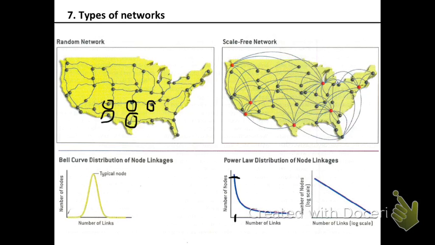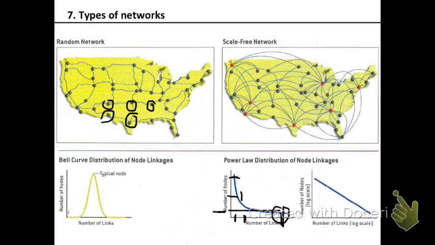And then you're going to have cities that are bigger, right? Like Kansas City would be connected to more cities than Lawrence, Kansas, right? So you're going to have the bigger cities, but there are fewer of them with a high number of connections. And here you're going to have your hubs, which are very few cities, very few nodes, but they have a very high number of edges, a very high number of connections.